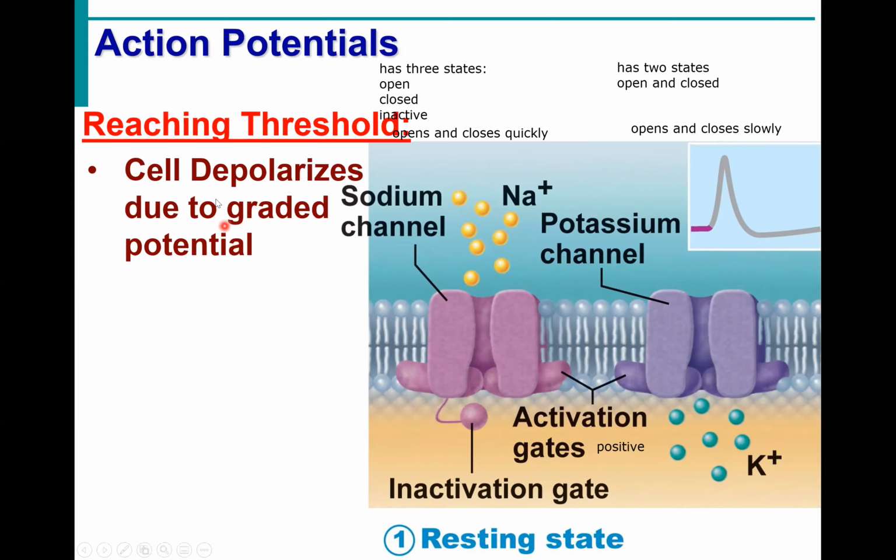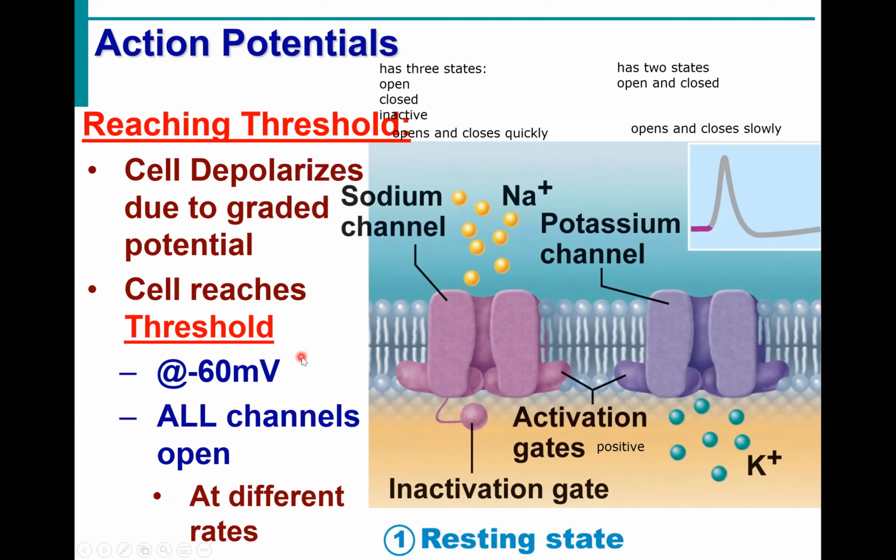Then, a graded potential spreading down the dendrites, down the cell body to the axon hillock, depolarizes it. And if it depolarizes it to threshold, that's when the magic is going to happen, right?